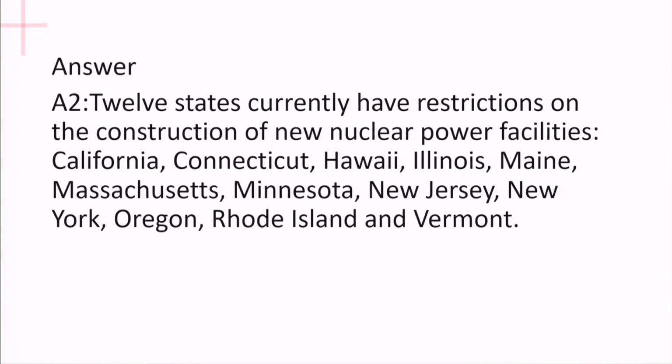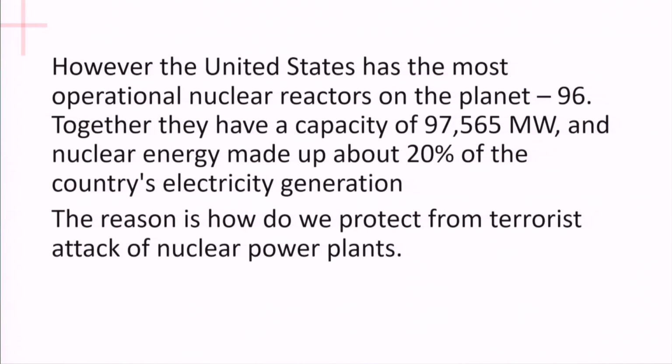Question 2. Which of the states in the US have banned nuclear power plants? 12 states currently have restrictions on the construction of new nuclear power facilities in the US. They are California, Connecticut, Hawaii, Illinois, Maine, Massachusetts, Minnesota, New Jersey, New York, Oregon, Rhode Island and Vermont. Having said this, we should understand that the US has the most operational nuclear reactors on this earth.